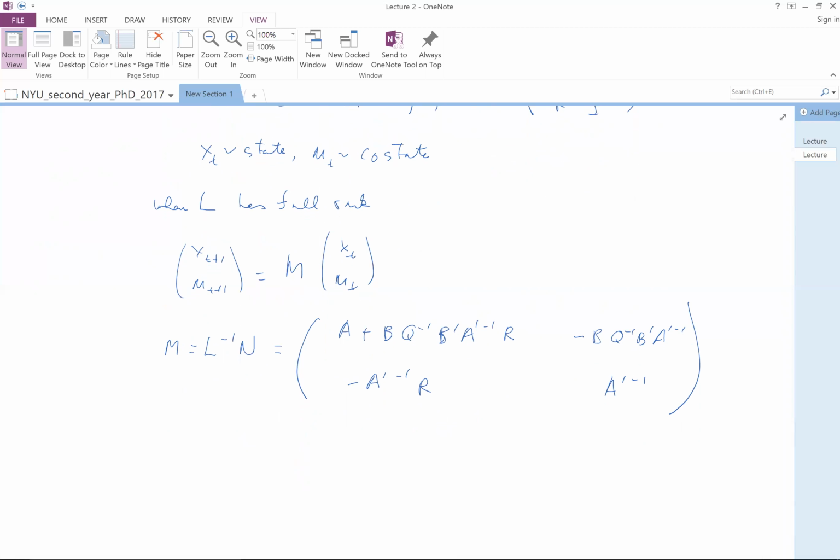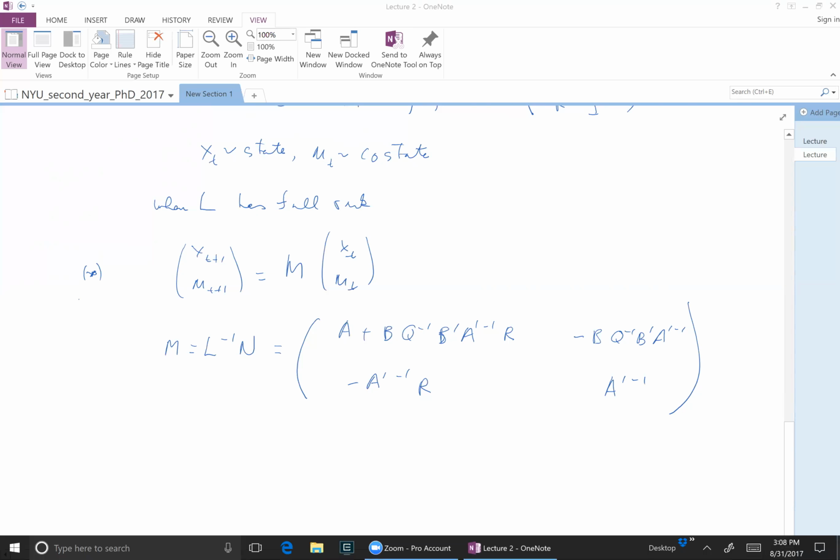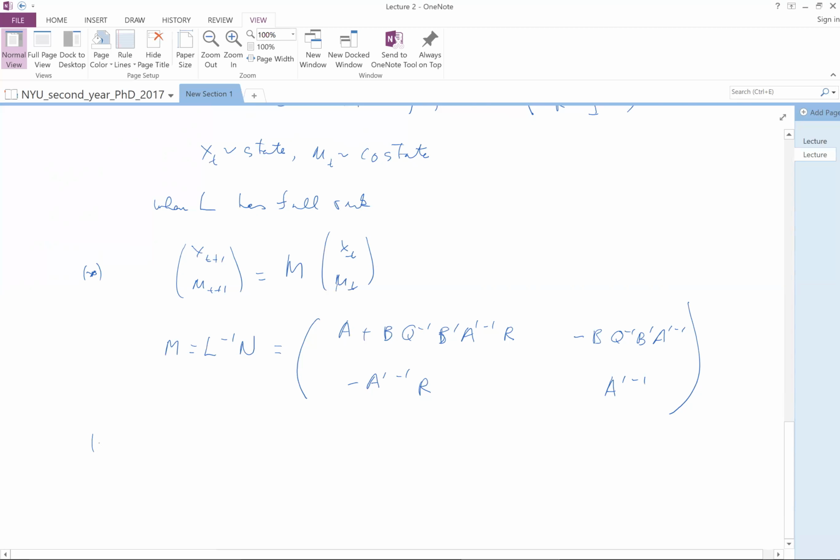And so here's what we want. I keep using the equation. I'm going to call this star again. I'm recycling star. So here's what we want. We want to solve the difference equation system for a sequence xt.